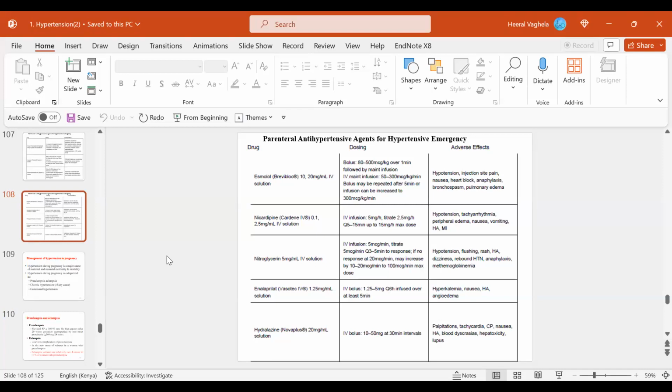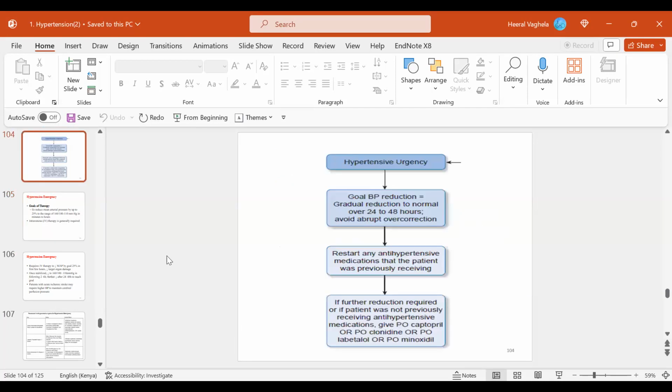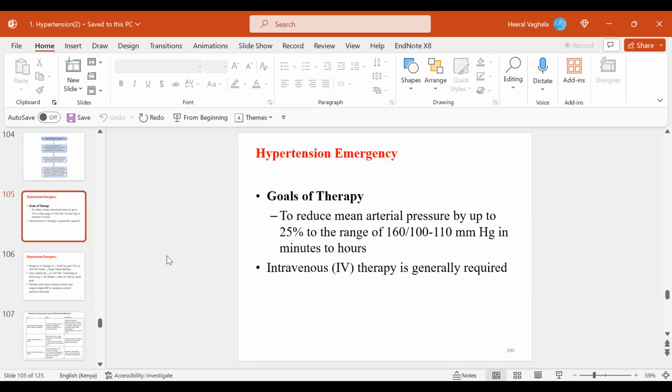So you have to maintain a bit of high BP, at least 160 over 100, so that the patient does not go into acute ischemic stroke, because you need a bit of high BP for cerebral perfusion. That is it for hypertensive crisis.